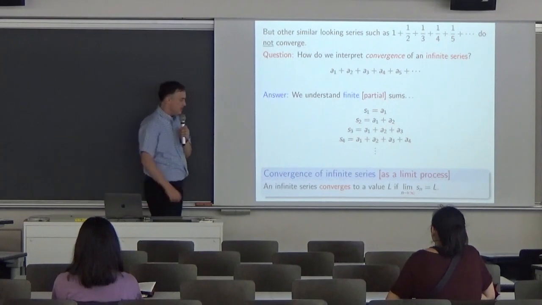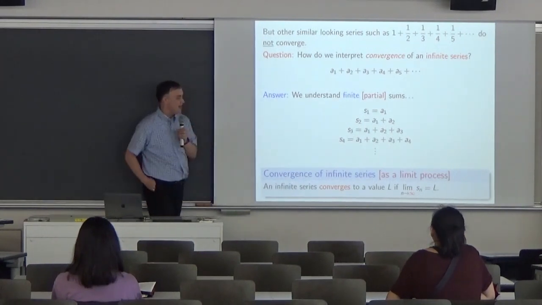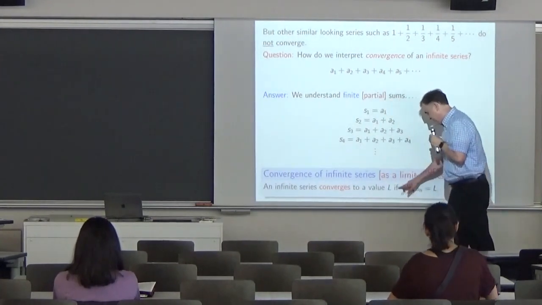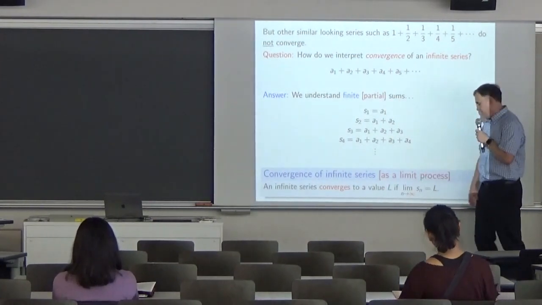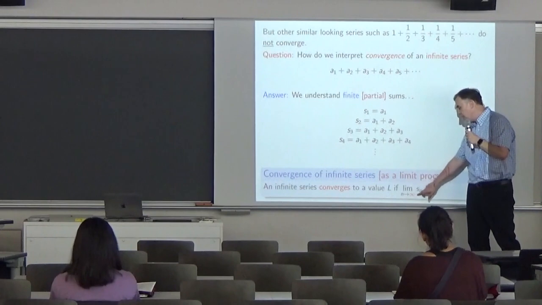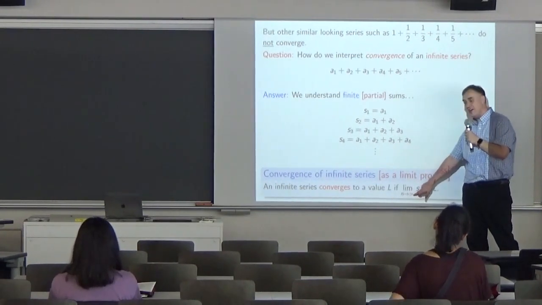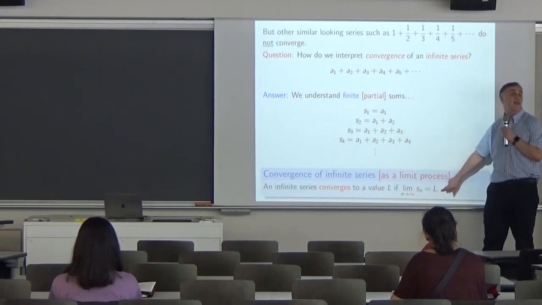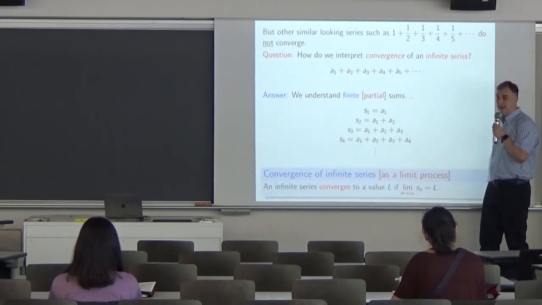We say that an infinite series converges to a value L if the limit, that process again we talked about earlier, of the collection of partial sums, as n gets larger and larger and larger, gets closer and closer to this value L, or approaches this value L.